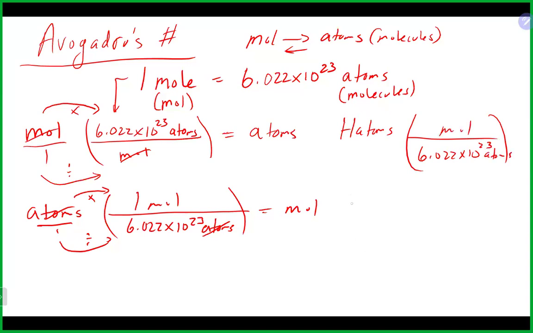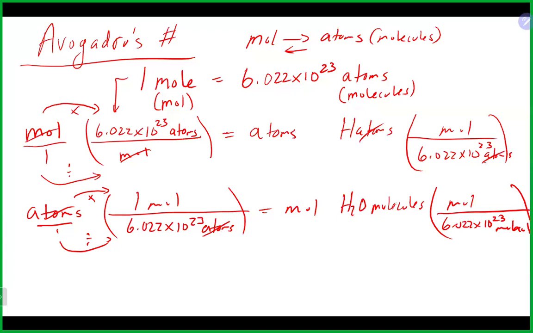But if you were starting with something like water, which is a molecule, we would use Avogadro's number with the units of molecules. So again, it depends on what you're using it with as to the units that you'll end up with. But here the atoms would cancel or the molecules would cancel. But again, the number is exactly the same, whether it's atoms, molecules, pizza, shoes. If you're using Avogadro's number, it's always that 6.022 times 10 to the 23.